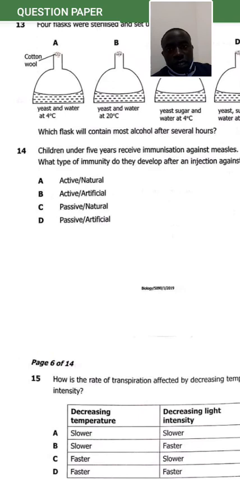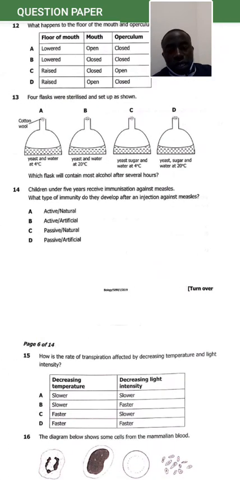Then question 14. Children under 5 years receive immunization against measles.